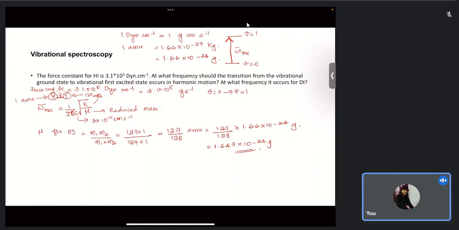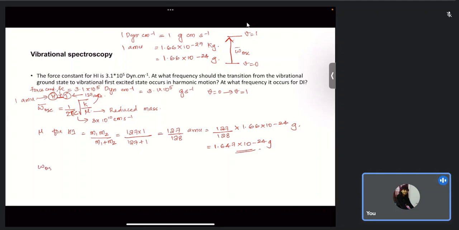Okay, so this is mu for HI. Now we have to find omega OSC. In the question it has been given what K is, we have found mu, and we know the speed of light, so we can calculate omega OSC, the frequency at which the vibrational transition happens.